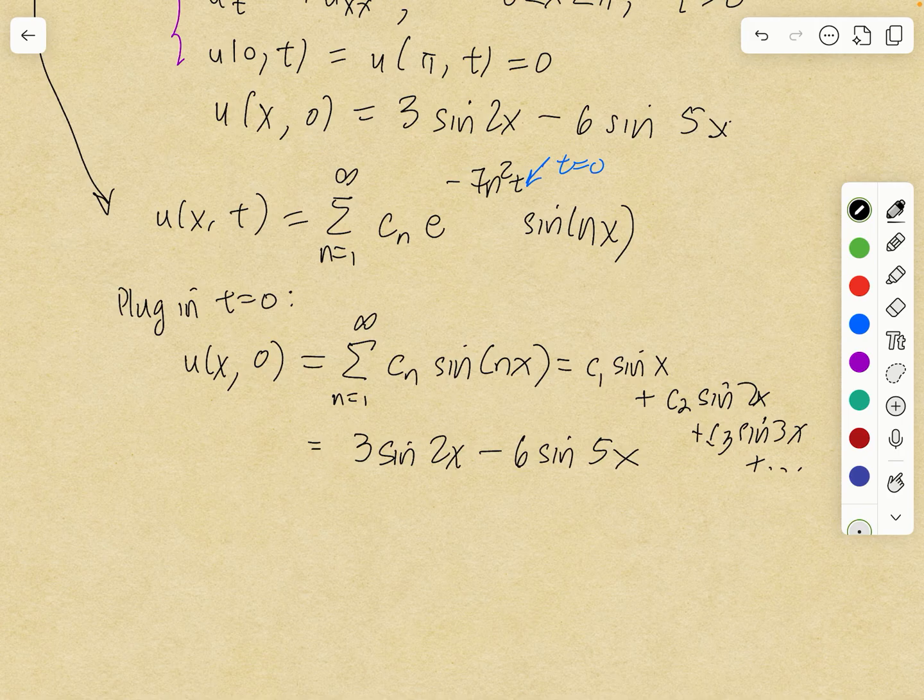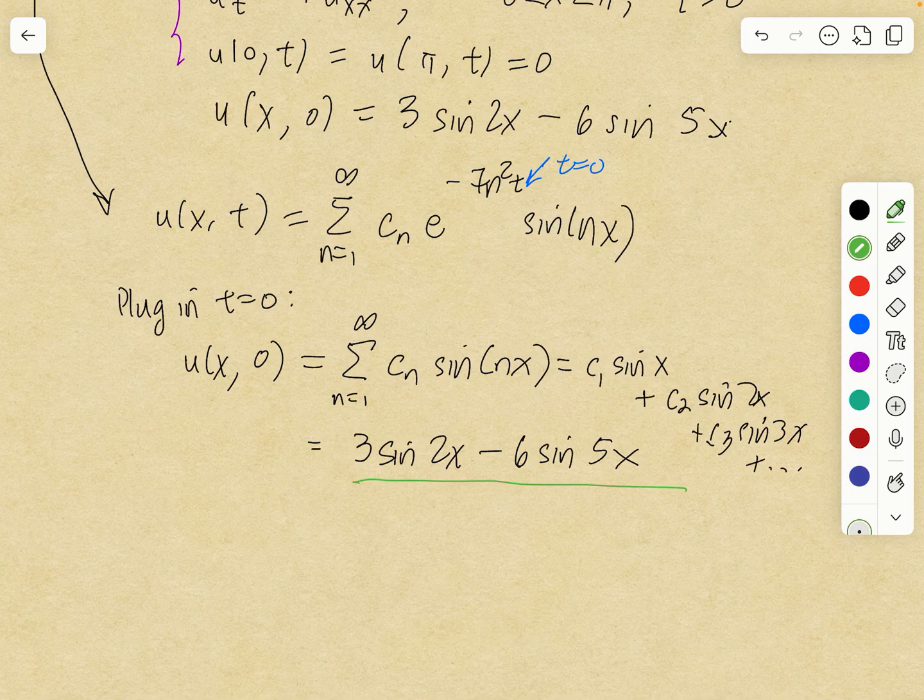So you have this infinite sum, but it's actually equal to 3 sine 2x minus 6 sine 5x. So if you think about it, what is c1 going to be, for instance? c1 is the number being multiplied by sine x. So in 3 sine 2x minus 6 sine 5x, do you see a sine x? No, you don't. So what constant is being multiplied by sine x? 0, right?